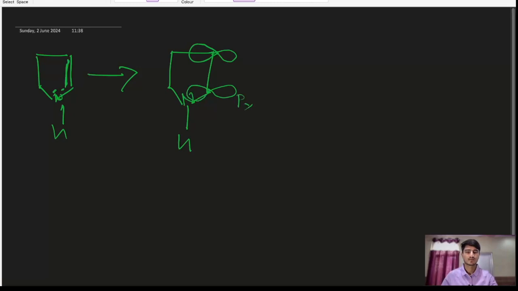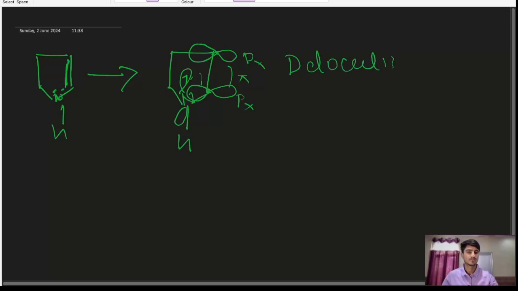If this is px, the pi bond is formed by px, and this lone pair is present in a px orbital. So the plane of the p orbital and the lone pair is matched, so this can be transferred from here to here. So this is a delocalized lone pair and participates in resonance.